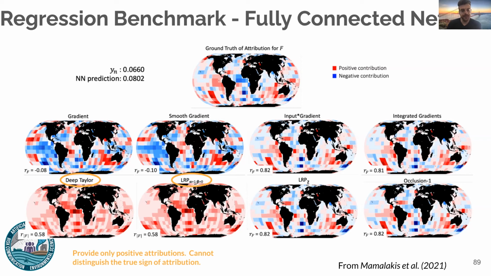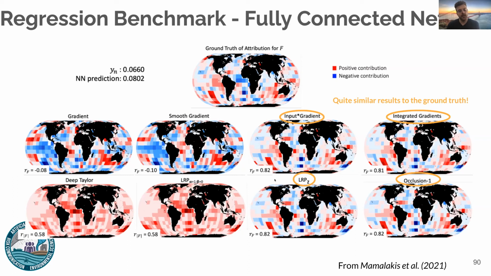And finally, in the next slide, the four remaining methods: input times gradient, LRP Z, integrated gradients, and occlusion 1. These four methods behave very similarly for this example, for this data set, and they behave very similarly to the ground truth.